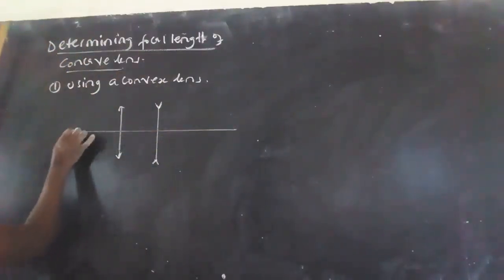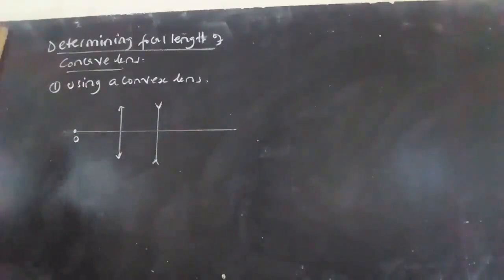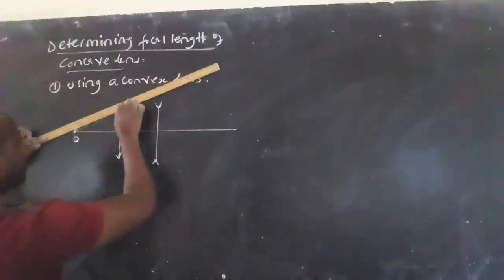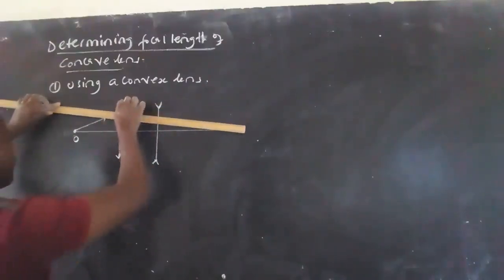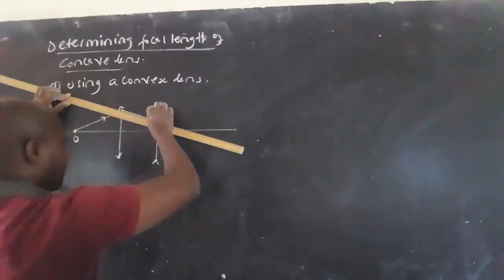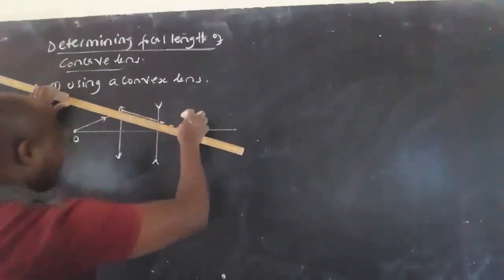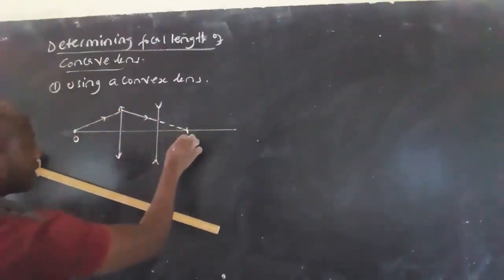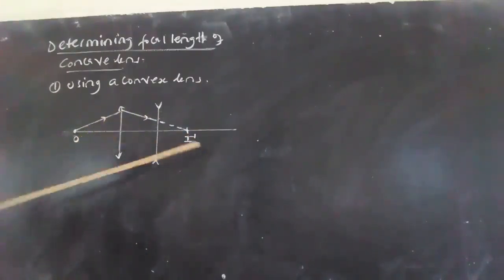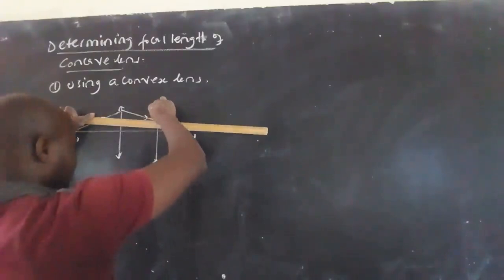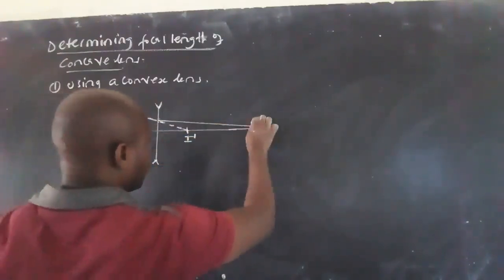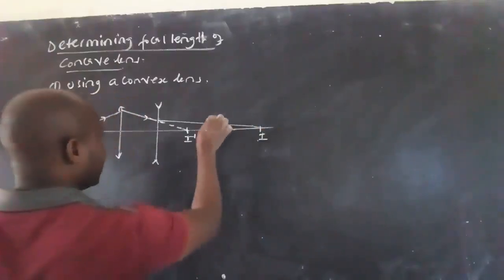So we shall have an illuminated object. So we have this. Remember, this is the first image formed by the converging lens. Here this one diverges, so you have to move the screen further until you get the final image.